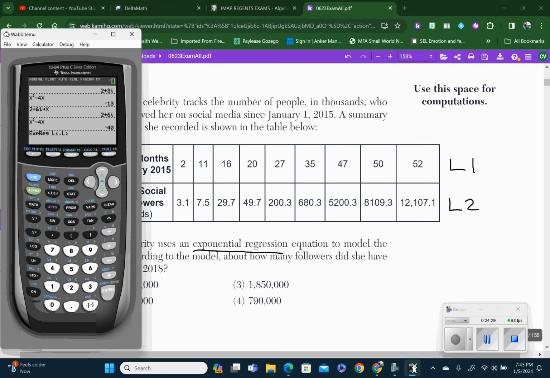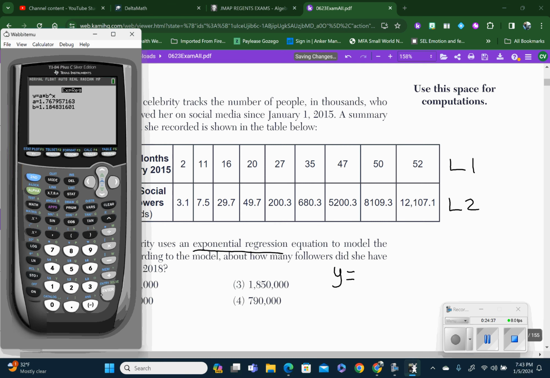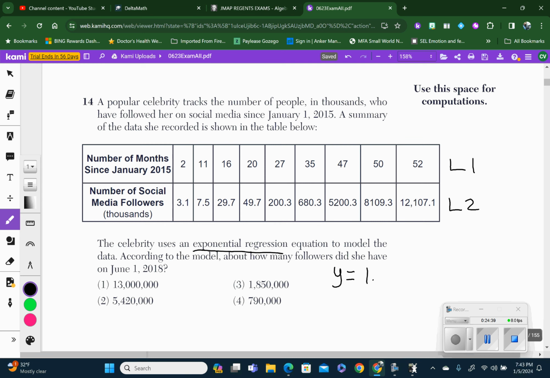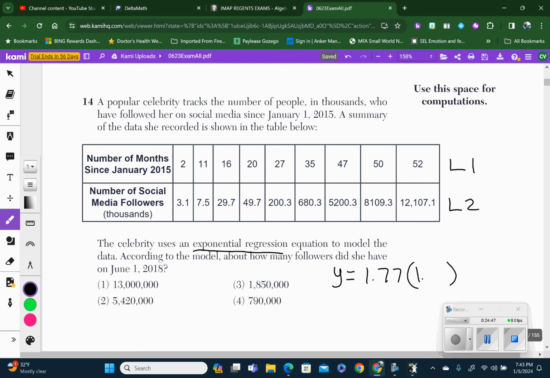Okay, good. And it gives you your equation, right? So you have y equals, what does it say, 1.77. I'm just rounding, and then we're going to have parentheses here. The b is going to be 1.18 to the x power. It says about how many followers did she have on June 1st, 2018.